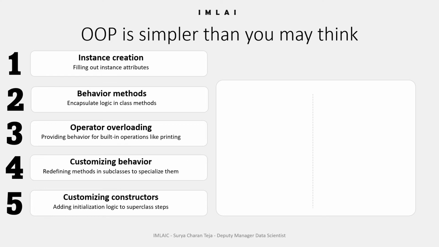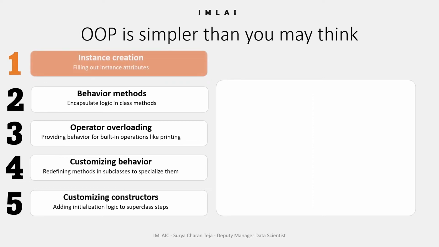I'm not going to elaborate any concept here. I'll just give you the summary of complete object oriented programming. So let's begin with instance creation. Instance creation is nothing but filling out instance attributes.